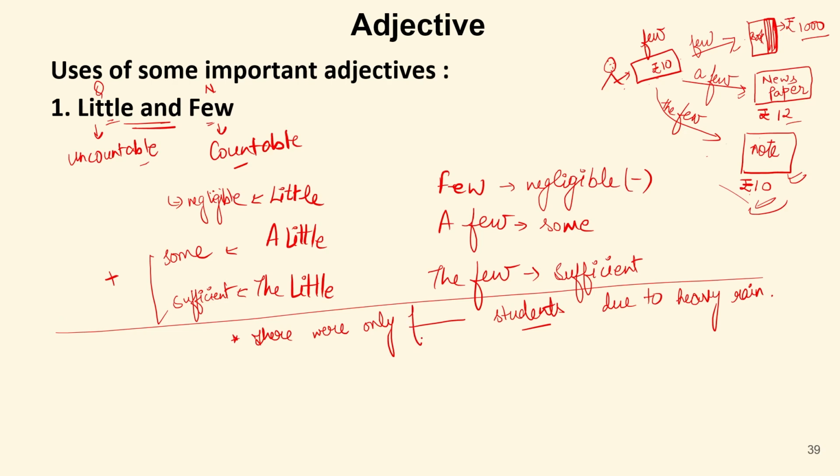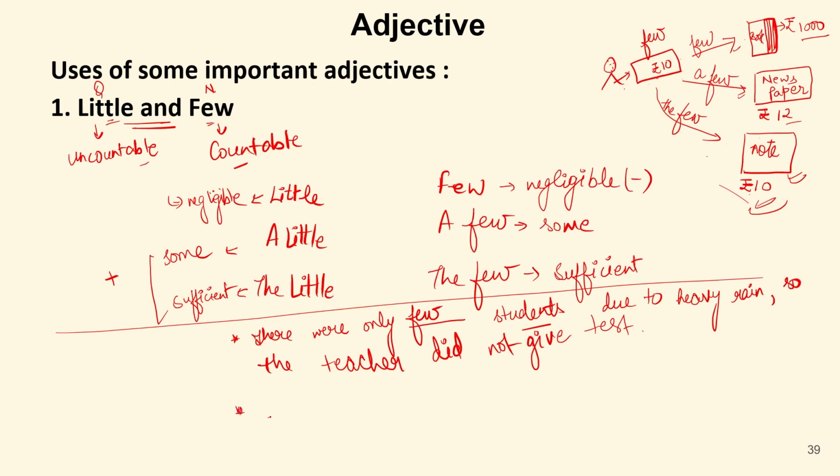So here the word few should come, because that was a rainy day, maybe students did not come, or maybe only few students came. So the teacher did not take the test. Actually, the teacher gives the test. The students take the test. If you are going to take any exam, it means you are going to take it. You are not going to give it.